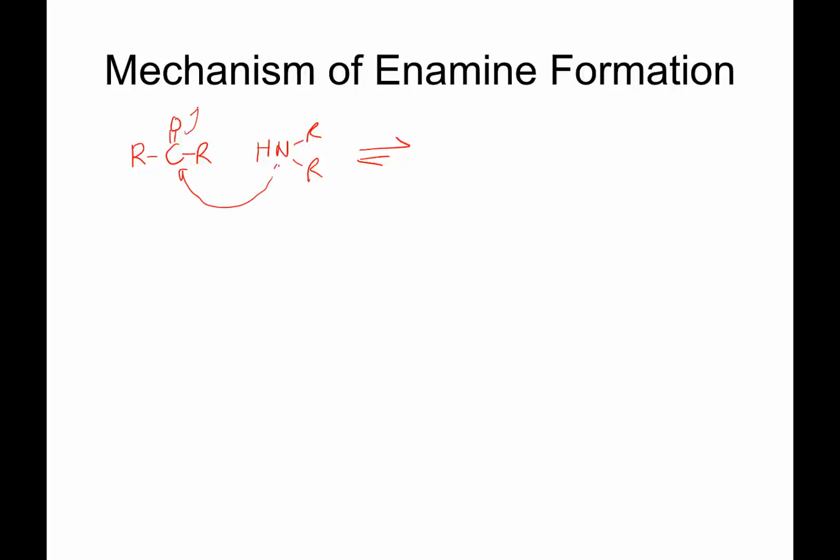So nitrogen still comes in and adds to the carbonyl. I'm still going to form the zwitterion, and I'm still going to have the O- come down and grab the only hydrogen left on that nitrogen.